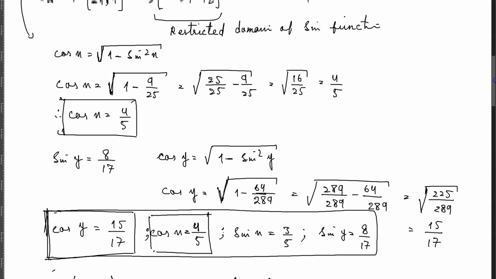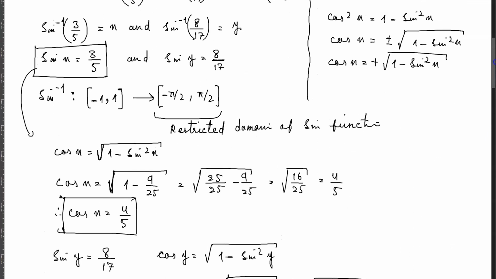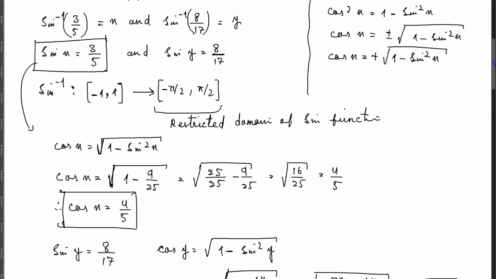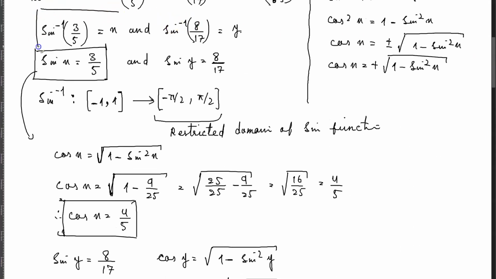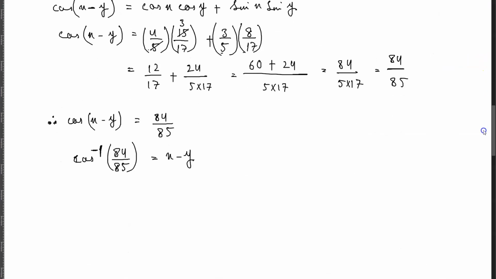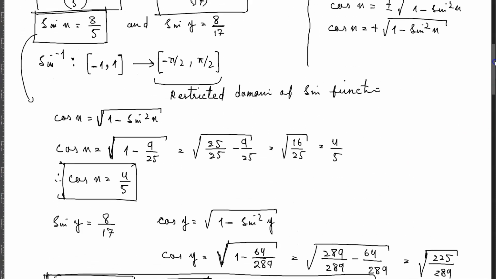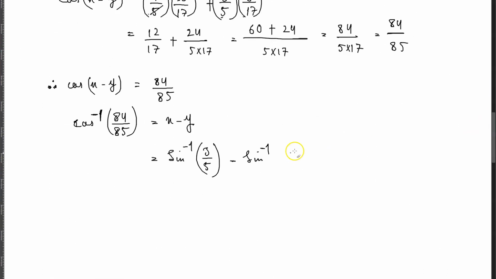And now what is x, what is y? We said that x is equal to sine inverse 3/5, and y is sine inverse 8/17. So sine inverse 3/5 minus sine inverse 8/17, right?